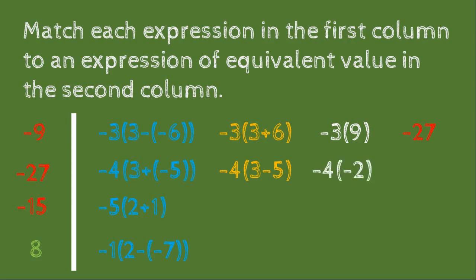And negative 4 times negative 2, a negative times a negative, becomes a positive 8. We do 2 plus 1 in the parentheses in the next example, which is 3. Negative 5 times 3 equals negative 15. And again, we simplify the parentheses first, and it's 2 minus minus 7. Minus minus 7 becomes positive 7, so 2 plus 7 equals 9, and negative 1 times 9 equals negative 9.